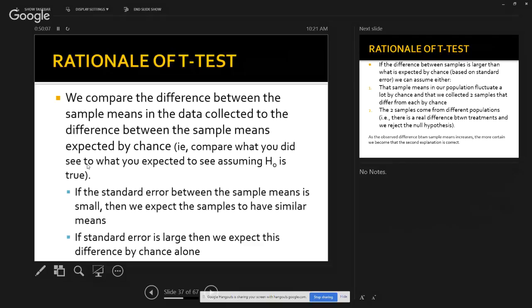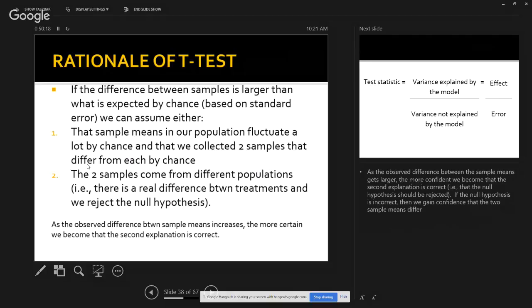If our standard error is large, we would expect that this difference might be by chance alone. Another way of saying it, if your difference between samples is large, it could be by chance. We could assume then that the sample means in our population fluctuate a lot and that we collected two samples that really differ from each other. Or we have to assume that there's really no difference.